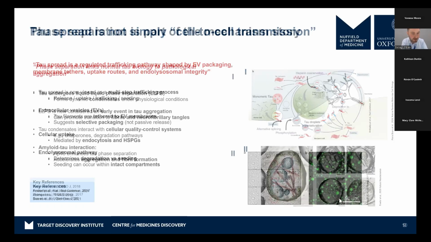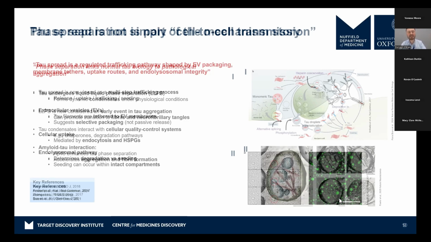Tau can also undergo liquid phase separation, and these form condensates which are normally dynamic and quite reversible. However, in disease and pathological conditions, these condensates can act as nucleation points and sites for aggregation, and these obviously may promote the formation of insoluble tau fibrils.